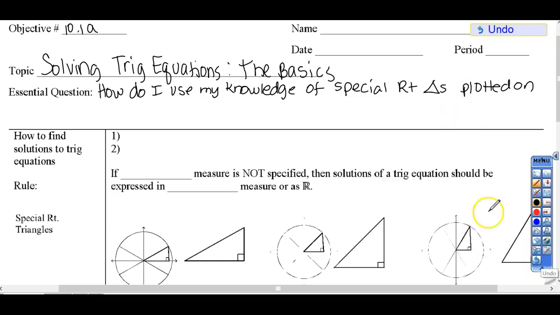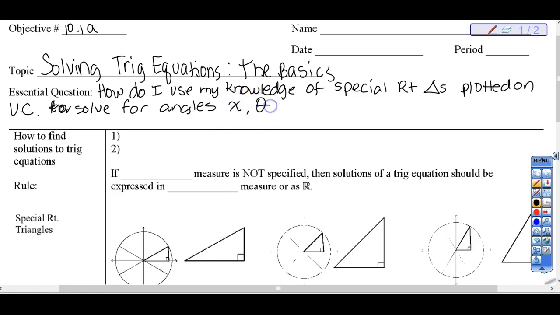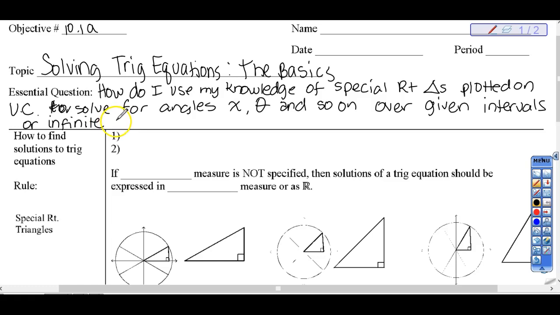Oh, I erased all that. Unit circle to solve for angles x, theta, and so on over given intervals or infinite domains.